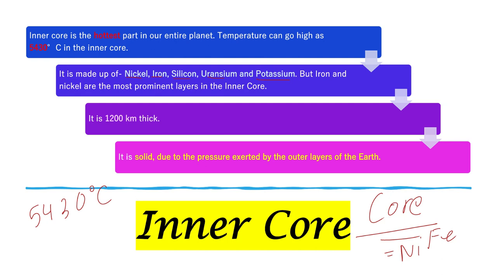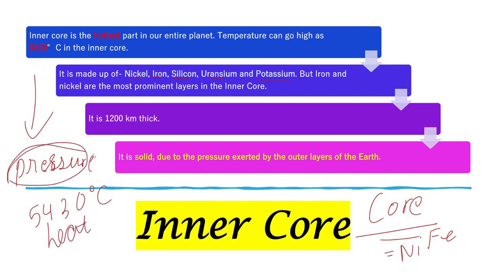Over here it's solid because pressure is exerted by the other layers. So if we say we have a competition between pressure and heat, in our inner core the pressure would win.